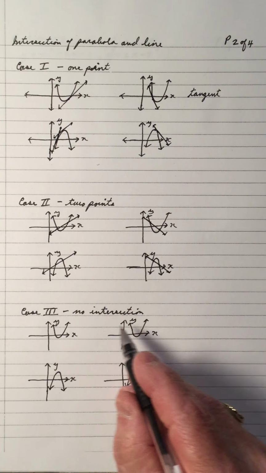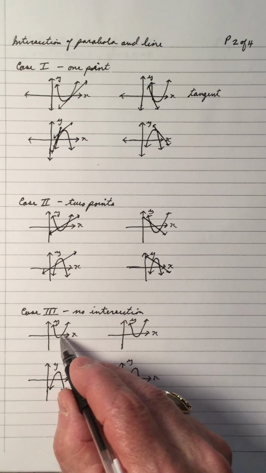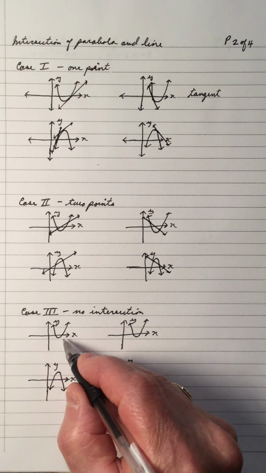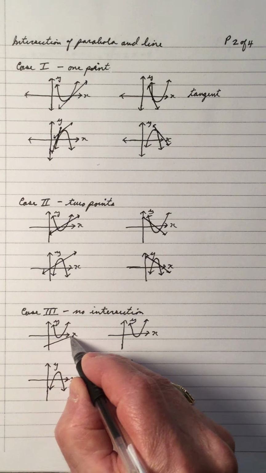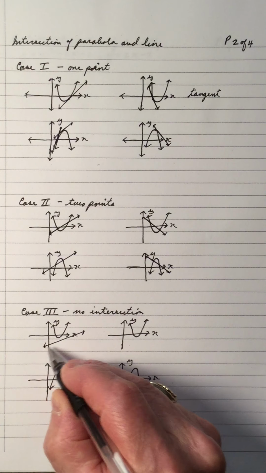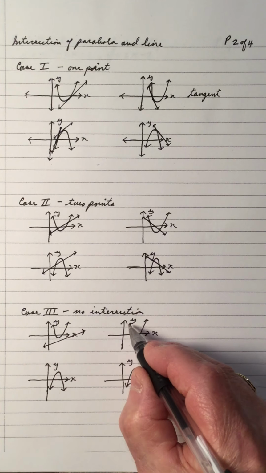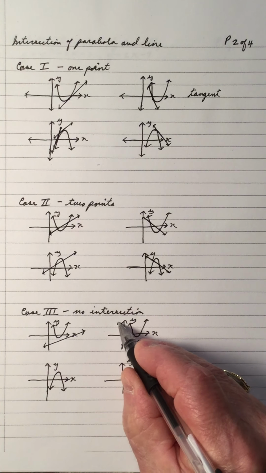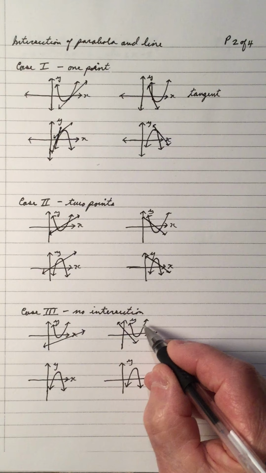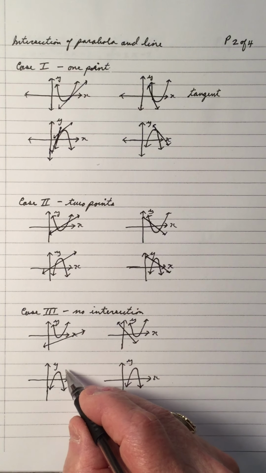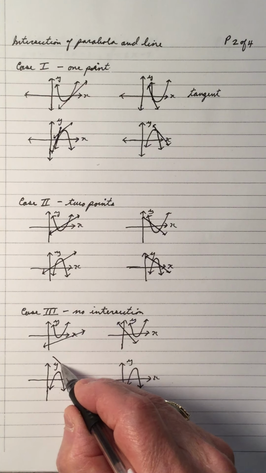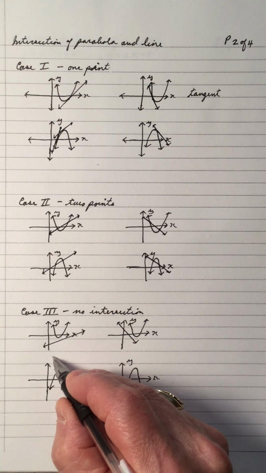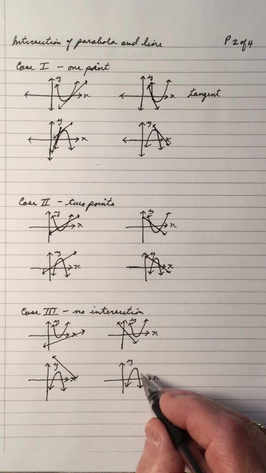And then there's the case where there's no intersection. Notice that this parabola is opening up, and this line is not intersecting the parabola at all. Or we could have a negative slope of a line, and it doesn't intersect the parabola. Or even if the parabola opens down, this line does not intersect the parabola.